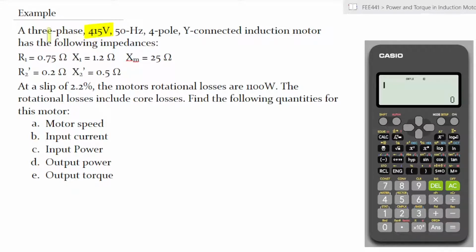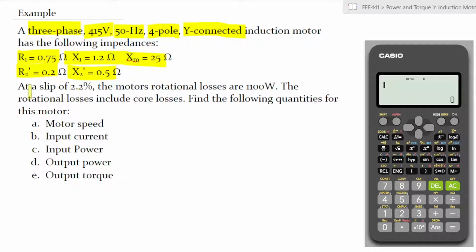You're told that it's a three-phase motor. You're given the voltage, a rated frequency, the number of poles, and the type of connection of the induction motor. And of course, you're given various parameters of the motor, resistances and impedances and reactances.